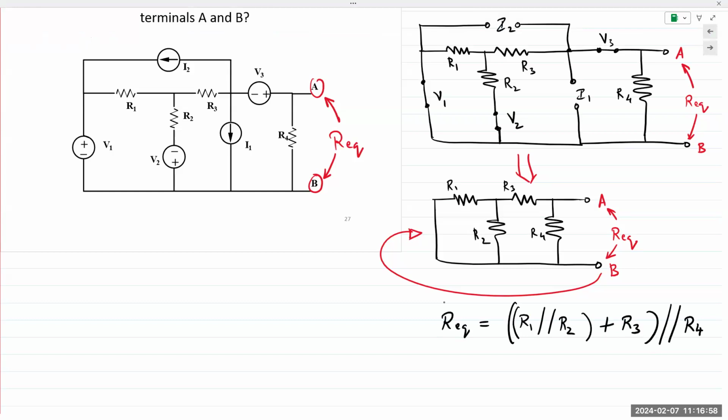And that's it. If we had values at this point, we simply plug in the values and calculate. And that's our REQ or RTH, Thevenin resistance.